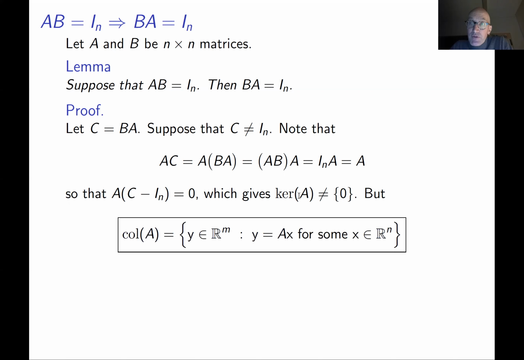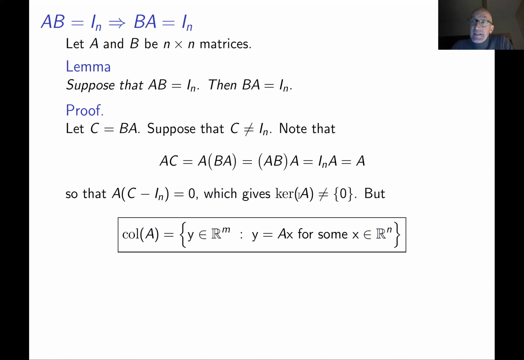Let's consider the column space of A. The column space of matrix A consists of all possible vectors in n-dimensional space (here, of course, it's a typo, m is supposed to be n), such that the vector y is represented as A times x. This is a very important remark, which we have used already several times, and let me repeat it.